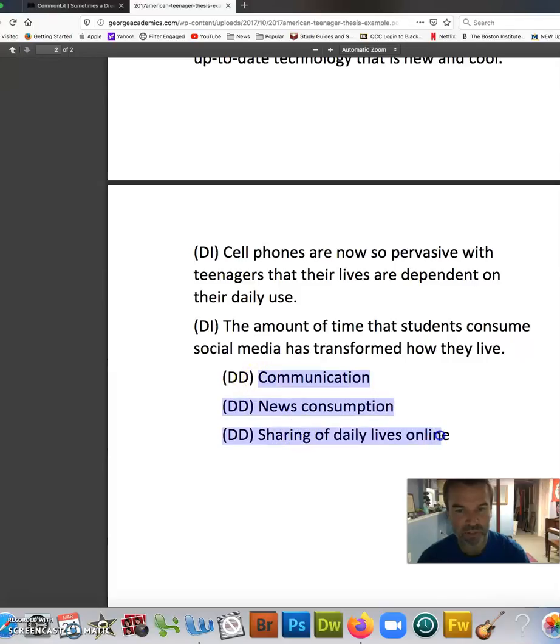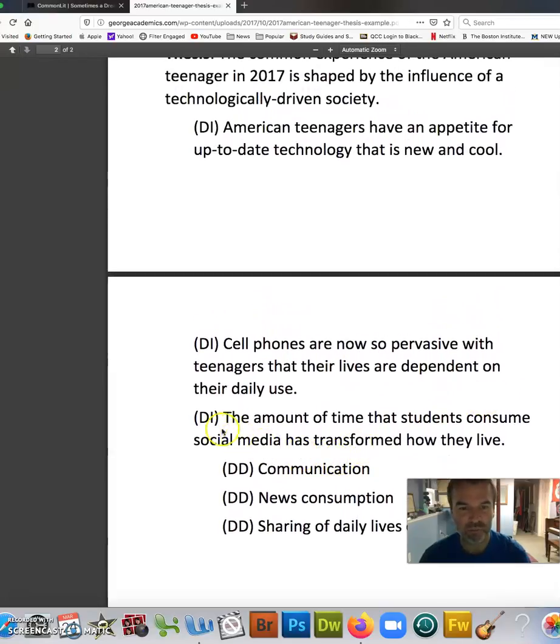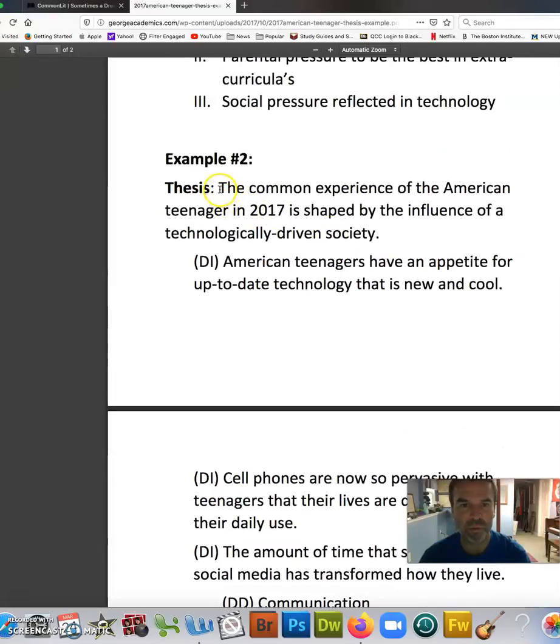These would be 3 different documents, using the documents and outside knowledge inferred or connected to each document. That's going to help prove my developmental idea or topic sentence. I'm going to do that for 3 different body paragraphs. And as a result of proving each body paragraph, I'm then going to prove my main idea.